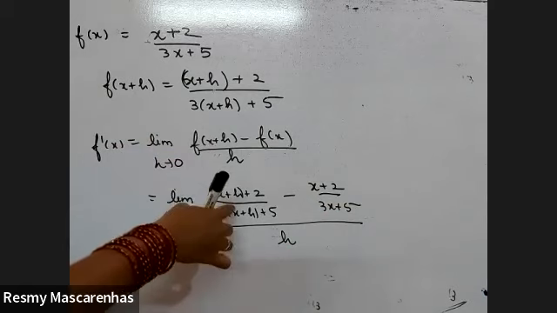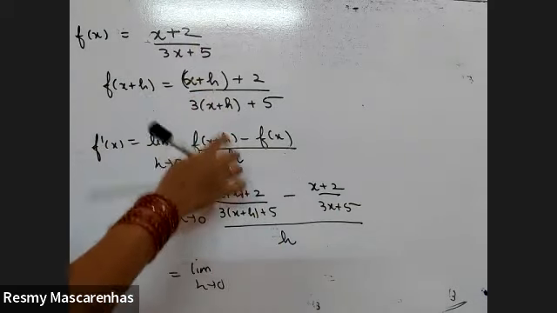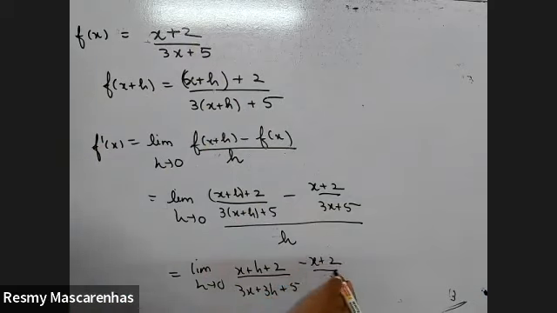X plus h, what is f of x, is already there in the question. Now open up the bracket. You can skip this step. While substituting only, you could open up the bracket and keep. Now cross multiply.